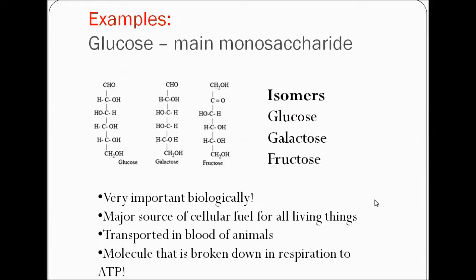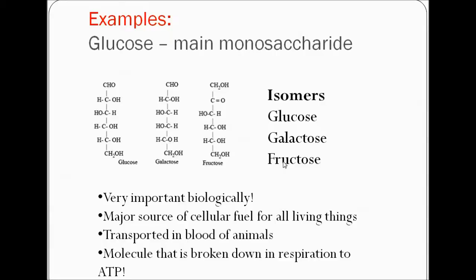All right, glucose examples is our main monosaccharide. When you talk about having low blood sugar, you're talking that the glucose is low in your blood and you're not accessing enough and you're feeling tired. The isomers of glucose are galactose and fructose. That means they have exactly the same number of carbons, exactly the same number of hydrogens, and exactly the same number of oxygens.